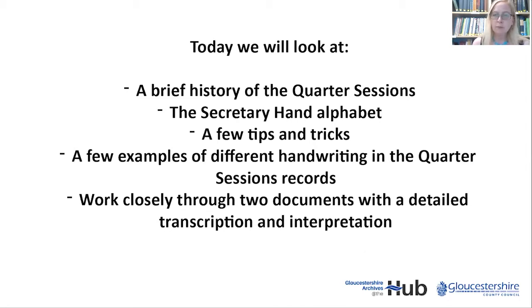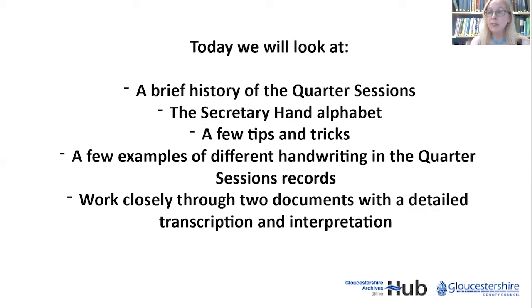The secretary hand alphabet really stops towards the end of the 18th century, so we're looking at quite late versions of it. But the basis of the alphabet will be a very good way of making you able to read letters into the 18th century and 19th century as well.